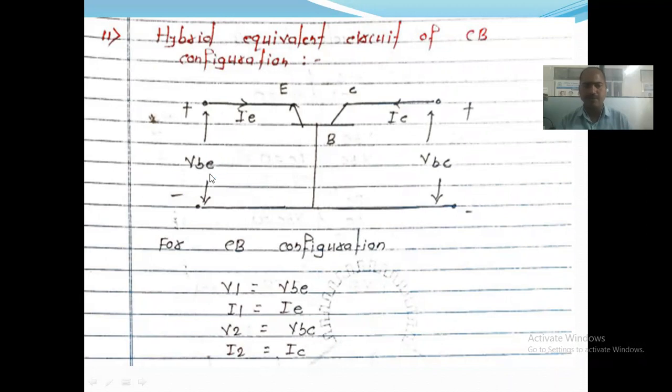Due to the application of input voltage VEB and input current IE, there is an output voltage, that is VBC, the base to collector voltage, and the current flowing is called the collector current IC. So V1 is called VEB, current I1 is called IE, output voltage is called VBC and output current is IC.